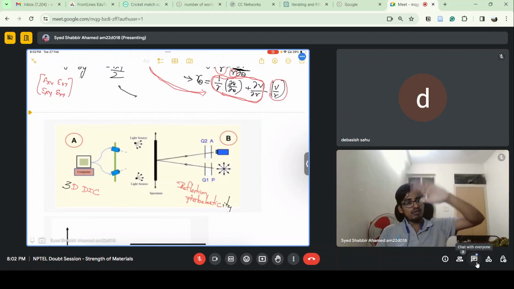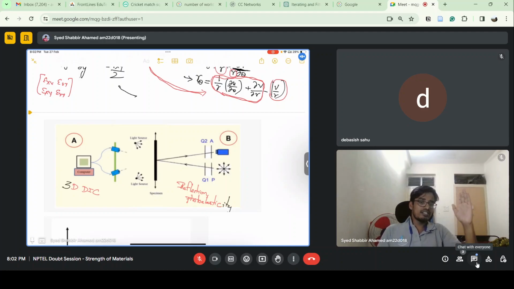Because this is an opaque specimen, meaning light cannot pass through it, we apply a photoelastic coating on the specimen, so that using that coating you get the reflections from the specimen. Using those reflections, you again put an analyzer.